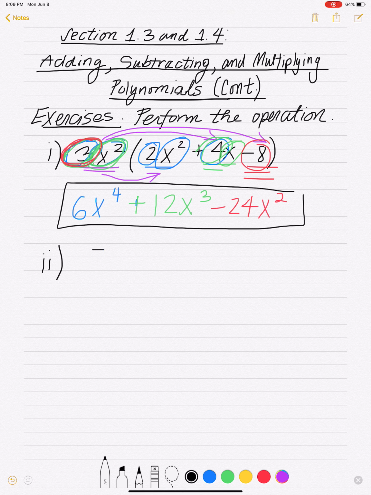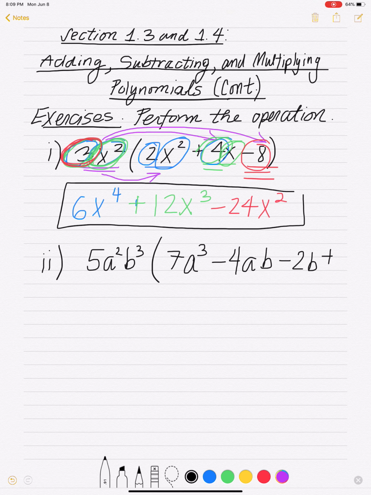Let's do another. Number 2. Let's say I got 5a squared b to the 3rd multiplied by, let's say, 7a cubed minus 4ab minus 2b plus 9.